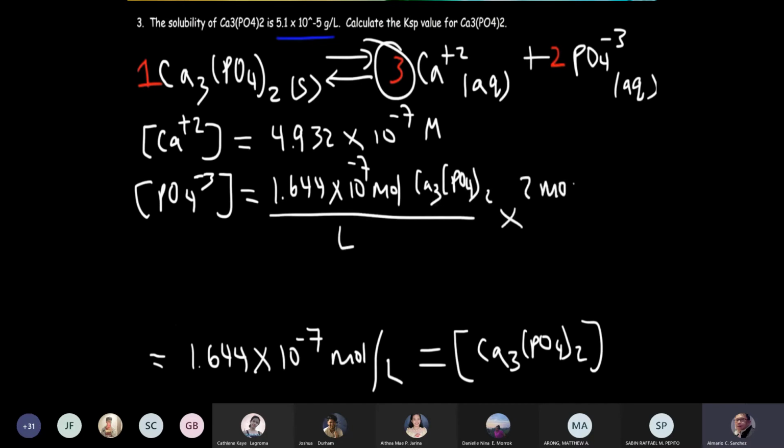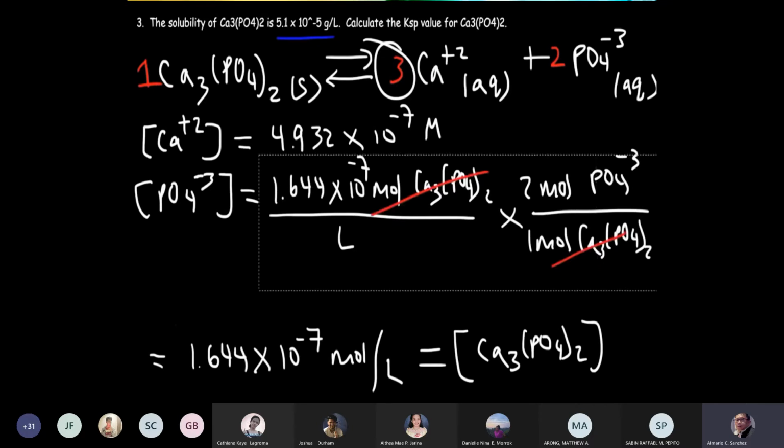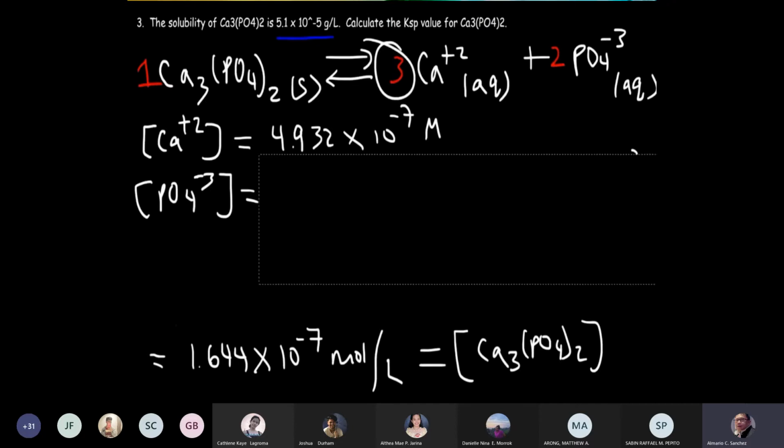You need to write that there's 2 moles of phosphate ions per 1 mole of calcium phosphate. And so that's why you need to multiply it by 2. But for those of you who don't need to show your work for some reason, you could just multiply the molar solubility by 2, and then you'll get the phosphate ion concentration.